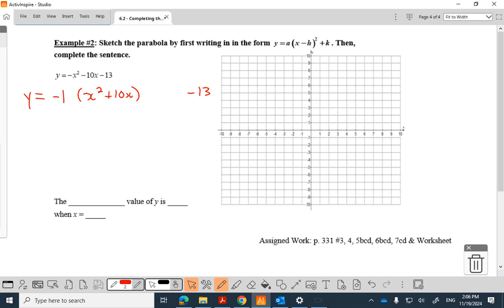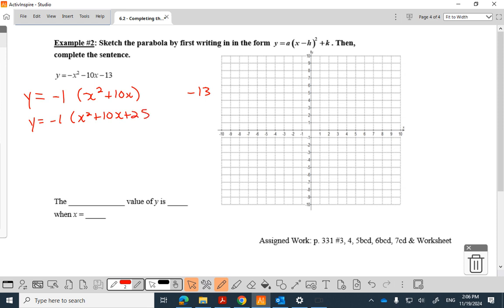Now, what's the magic number? 10 divided by 2. 5 squared, 25. Okay. Am I just allowed to add 25?